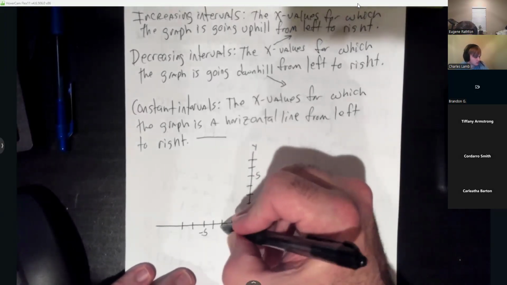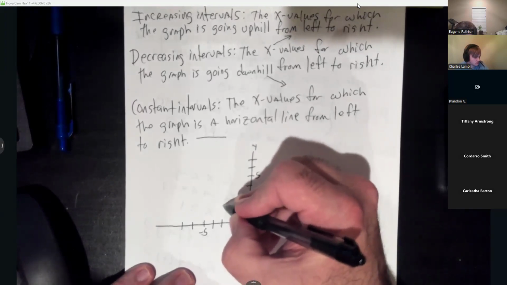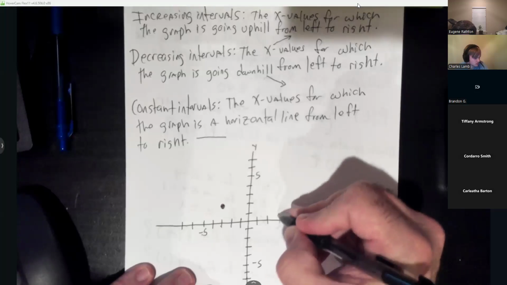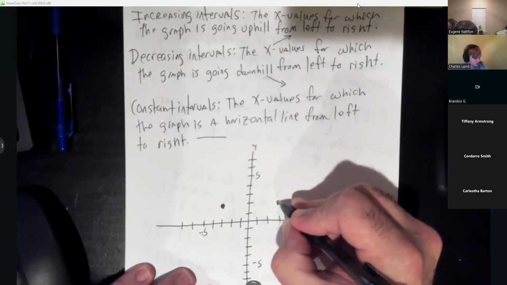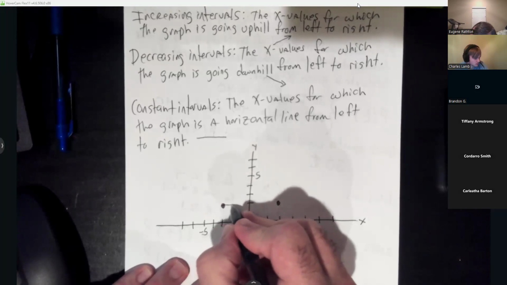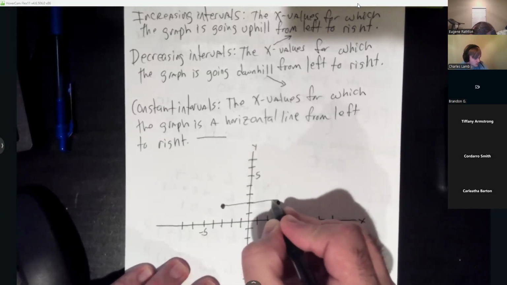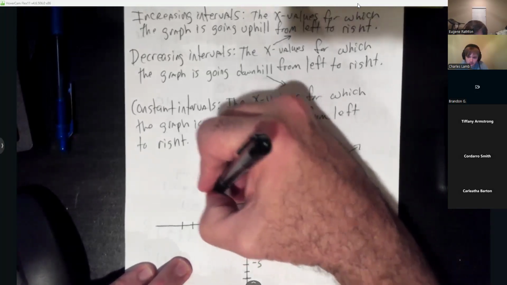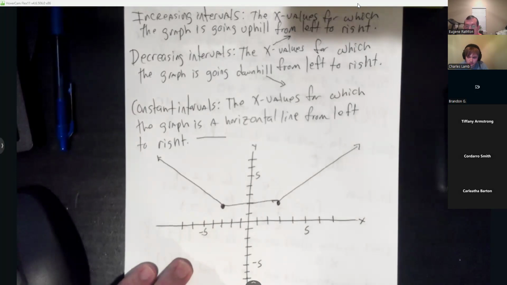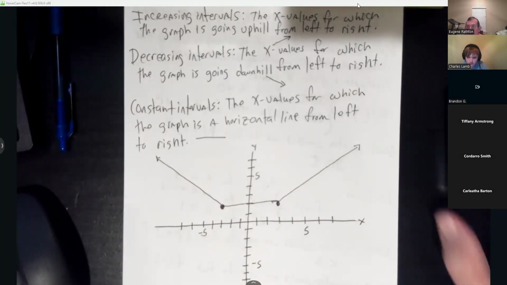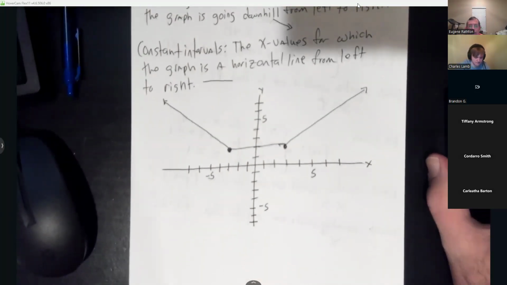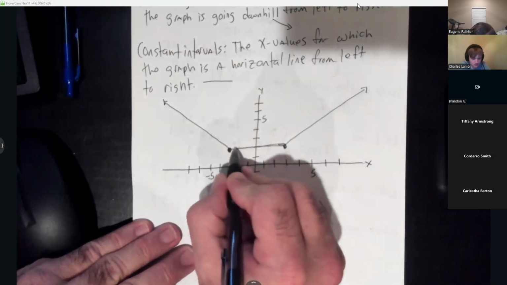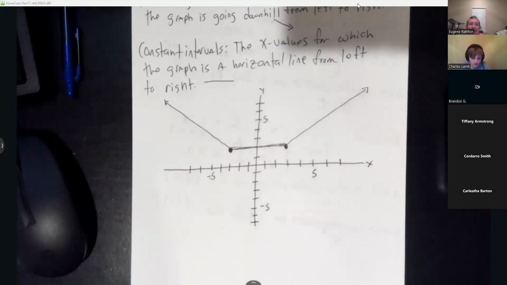So over here at -3, 2, I'm going to put a point. And then at 3, 2, I'm going to put a point. It's going to go straight across right there. And then this side is going to go up. And this side will come up. Okay, so this one's really straight right here, y'all. So it looks a little crooked, but that's a straight line going across there, okay?